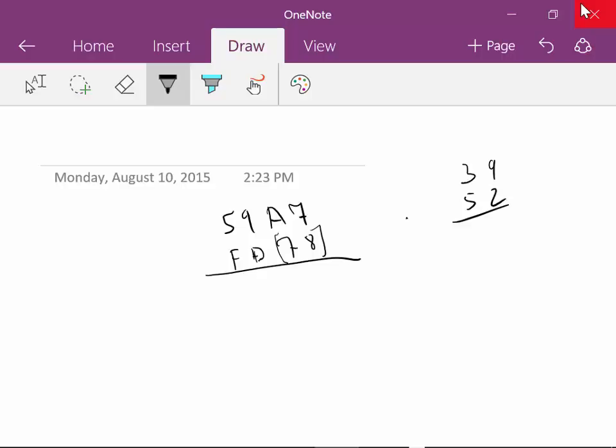Normal multiplication: 2 times 9, that's 18. We carry the 1, 6, that's a 7, right? We multiply this number times this number, and we write that down. Then we multiply 5 times 9, which is 45. So we put a 5 here, and then we put a 4 here, right?